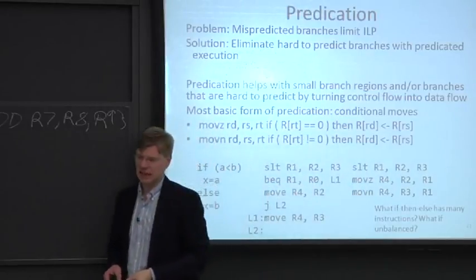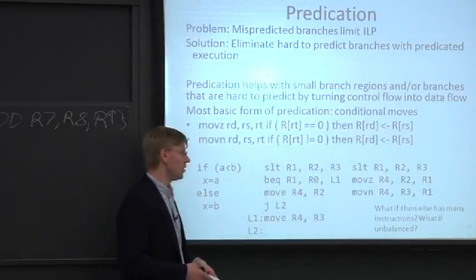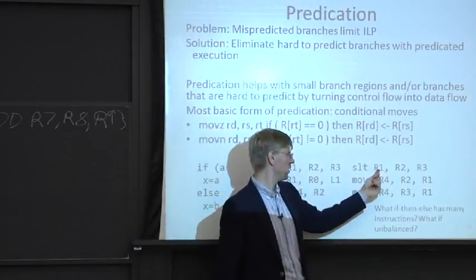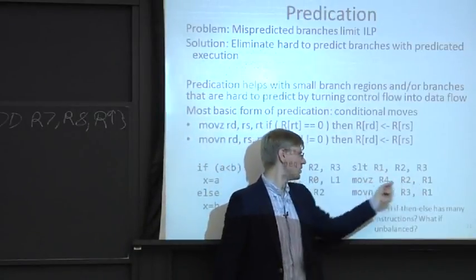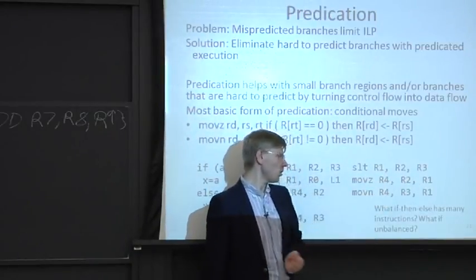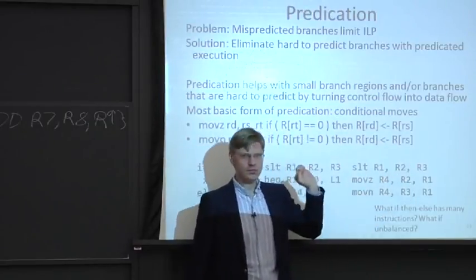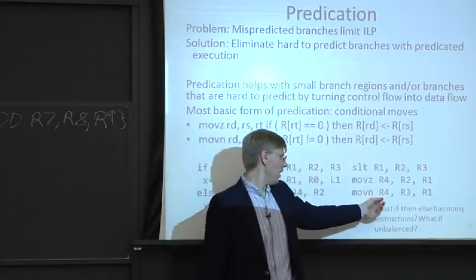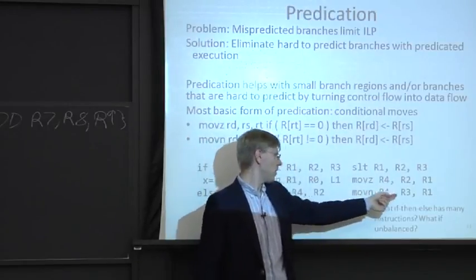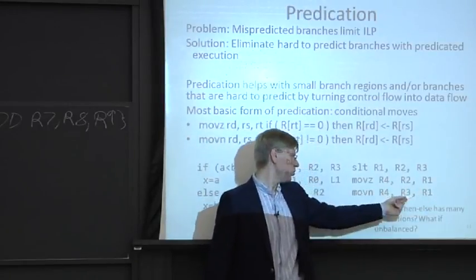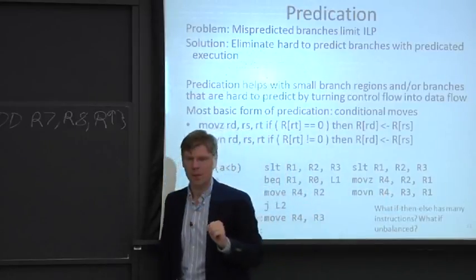We have a set less than. And then we say if R1 is 0, move R2 to R4. Else, just leave it alone. And then here, if R1 is not 0, move R3 to R4.